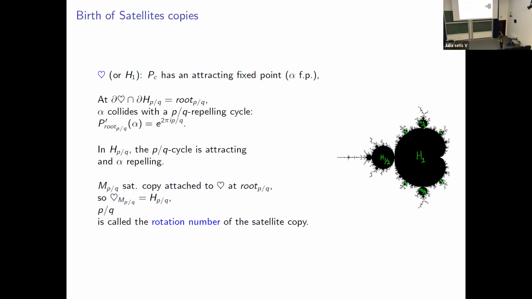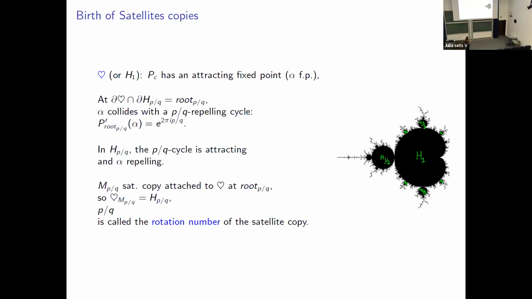And here you see drawn, attached, other hyperbolic components where I have an attracting cycle of period the denominator, for example here 3, and rotation number, this index. For example, here 1/3 and here 2/3.